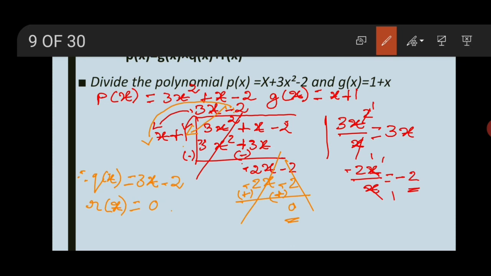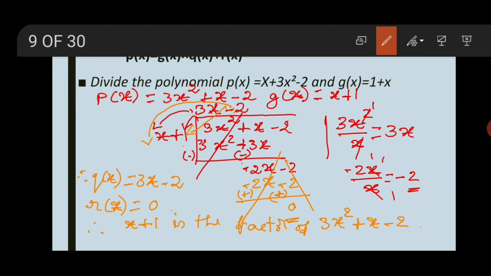Now can you say x plus 1 is one of the factors of 3x square plus x minus 2? Yes, you are right. Therefore we can also say x plus 1 is a factor of the given dividend 3x square plus x minus 2.